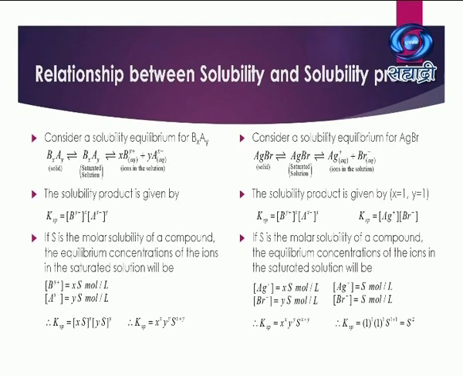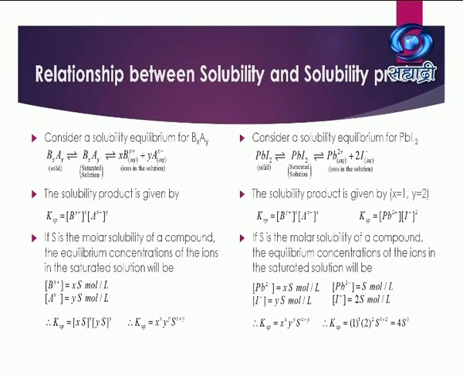S is the molar solubility of the compound. Now as x and y are 1, what are the active masses of Ag+ and Br-? They are simply S moles per liter for both. So in the ultimate expression, if I substitute x is equal to 1 and y is equal to 1, I will end up with the simple relation which is Ksp is equal to S square.